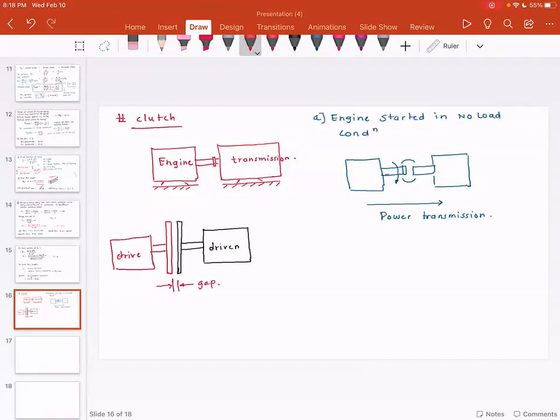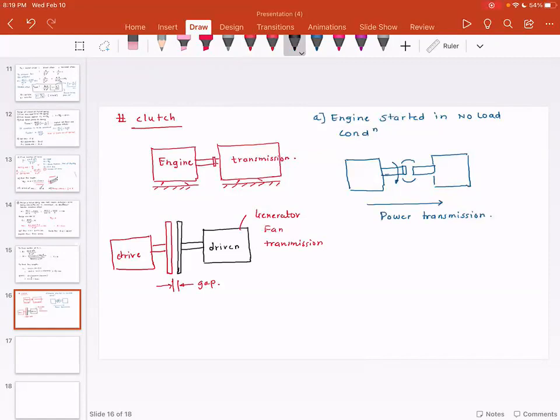The driven system could be a fan, a generator, a transmission, or some sort of prime mover. So there is a gap and the drive can be started. But when you want to clutch these two together, the drive plate should come in contact with the driven plate.